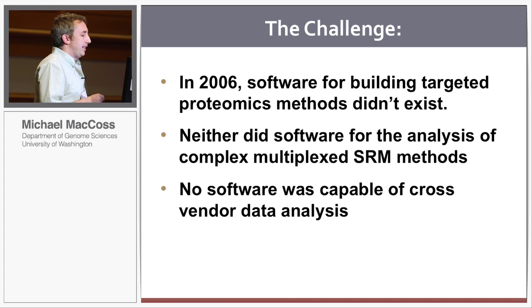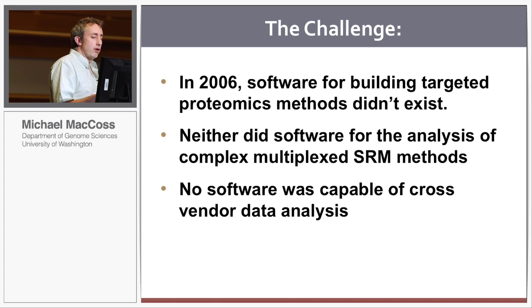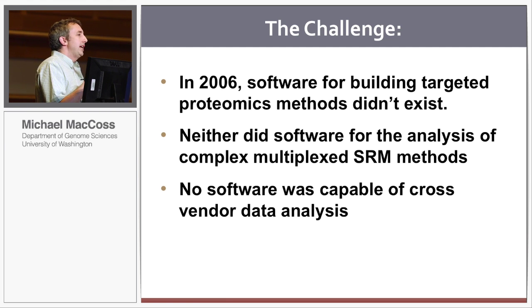The other important thing is that no software was capable of cross-vendor data analysis, and I really felt that this was important. We really need to be able to take some of the analysis tools away from the vendors, no offense to the vendors, but we need to be able to demonstrate that we understood how the tools were processing the data and put the hardware on an even playing ground to make comparisons between the instruments.